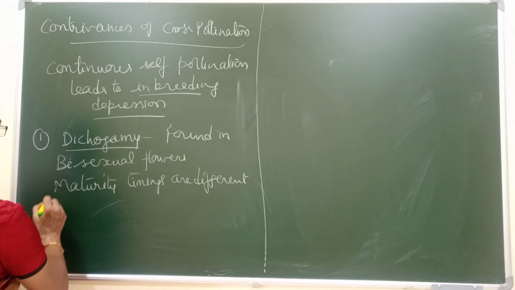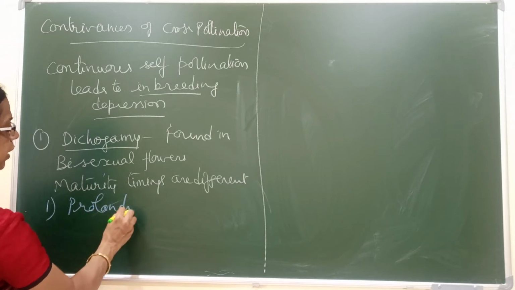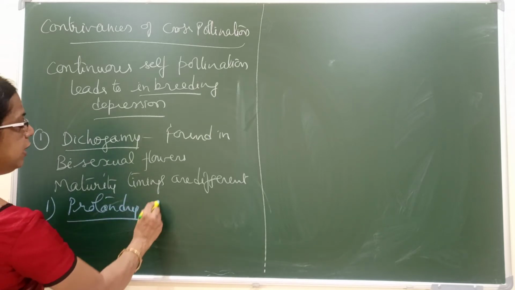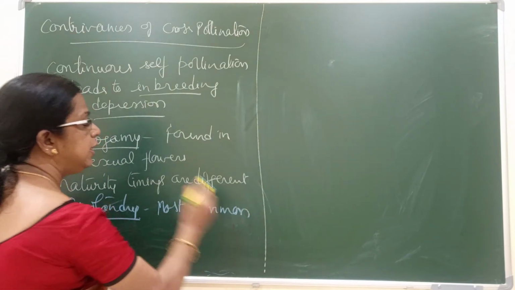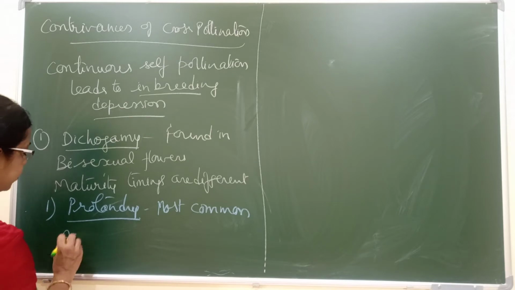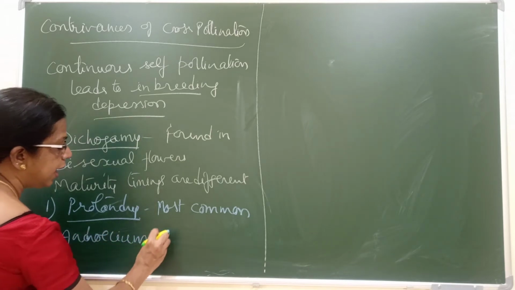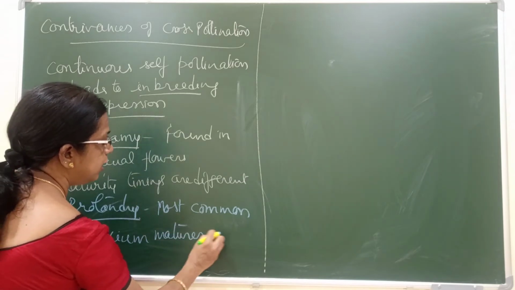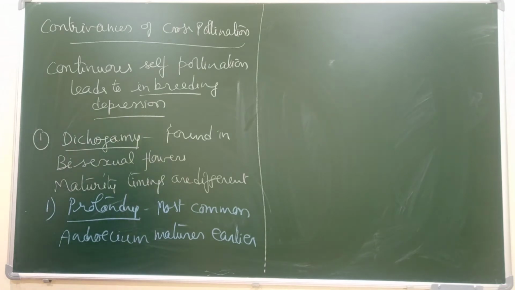Accordingly, dichogamy is of two types. The first type is protandry, the most common type. In protandry, the androecium matures earlier than the gynoecium.